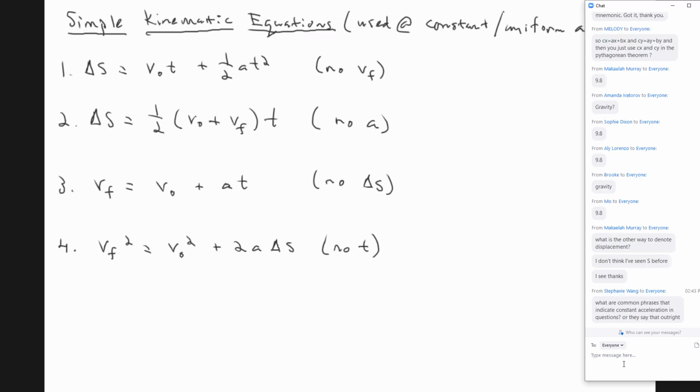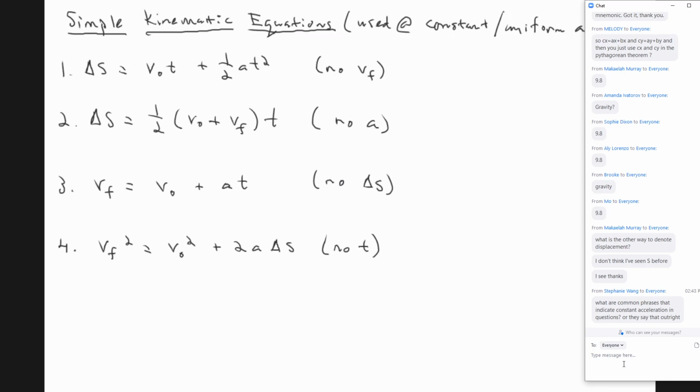But yeah, you have it both in terms of X: delta X is equal to V naught T plus 1/2 A T squared, or delta Y is equal to V naught T plus 1/2 A T squared. And we're going to be using it in that sense when we talk about the cardinal directions, the up and down and the right and left, for the 2D Cartesian coordinates that we're looking at later, okay?